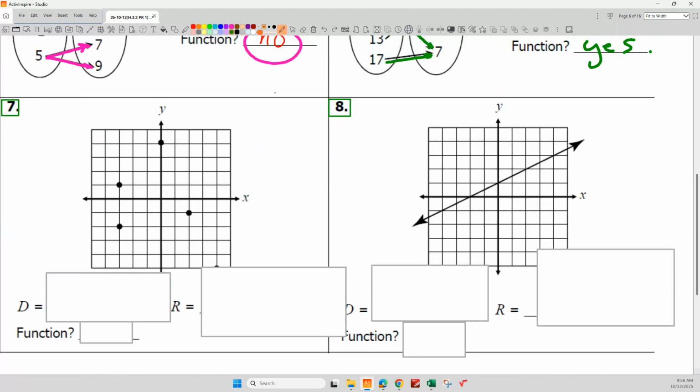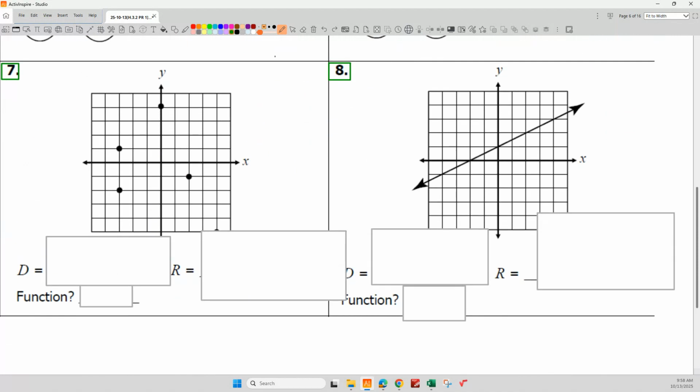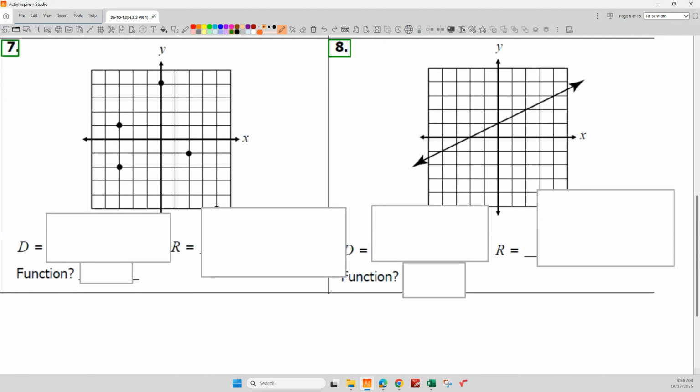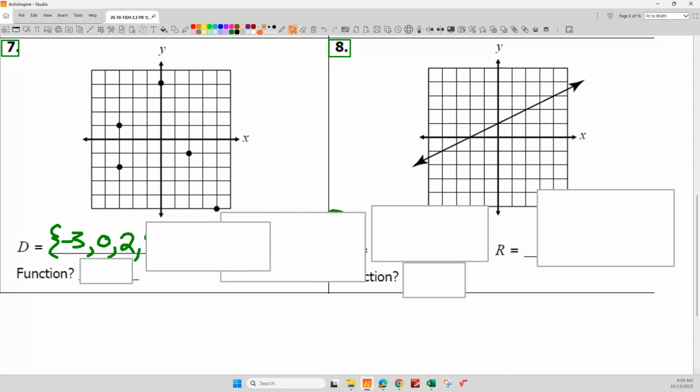Okay, and then finally, what about 7? What's the domain of this relation in question 7? What is it again? -3, 0, 2. How'd you get that so fast? And then 4.